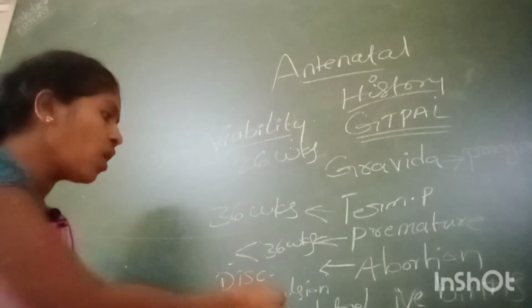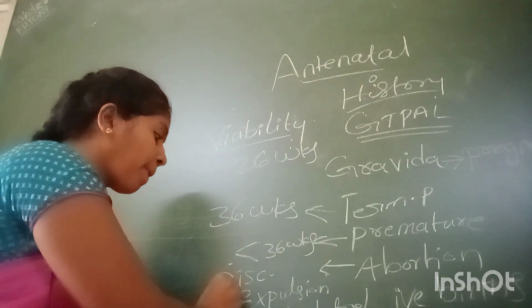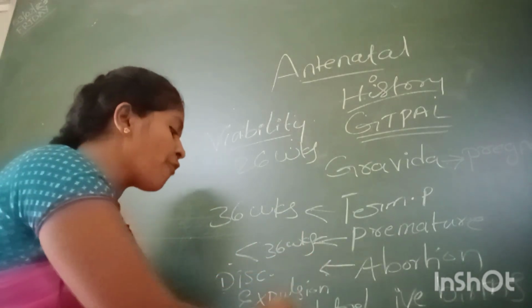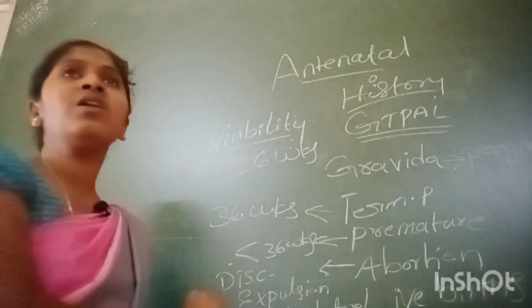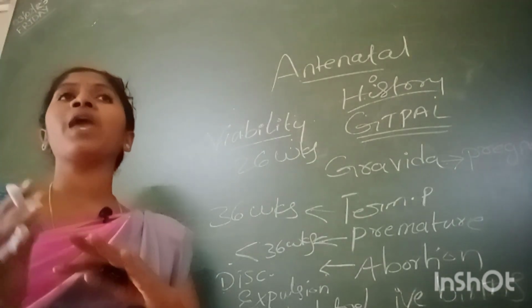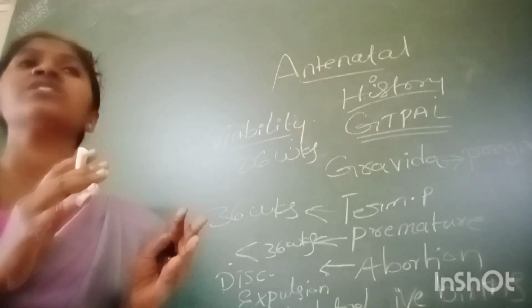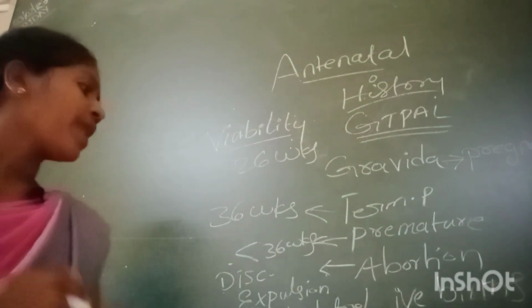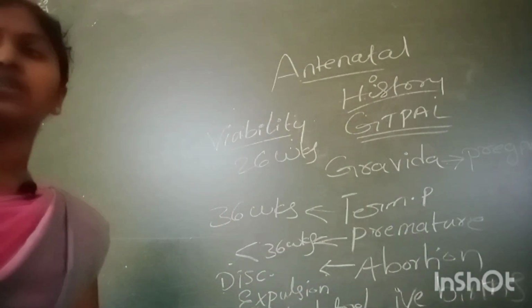Understood? So, abortion is nothing but discontinuation of pregnancy or expulsion of the fetus before it reaches 26 weeks of gestational age. Next one is live births.